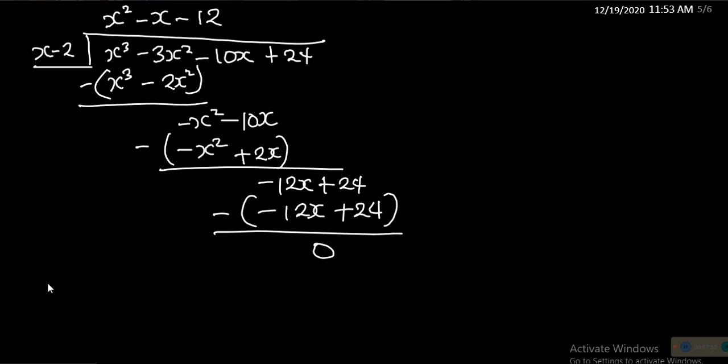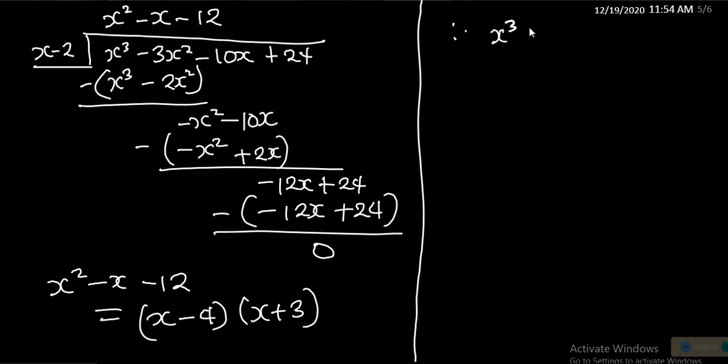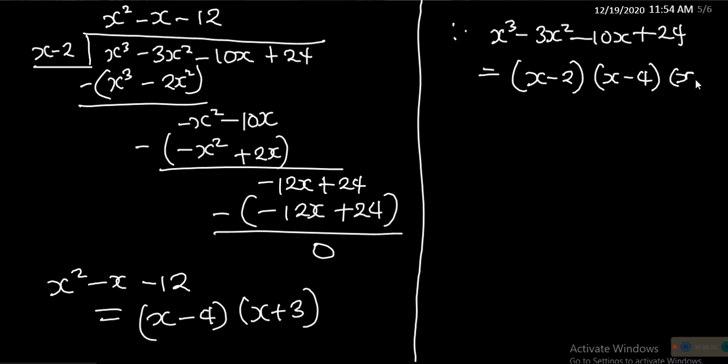Okay, so therefore x squared minus x minus 12 can be factorized to give x minus 4 into x plus 3, because minus 4 and 3 are factors of minus 12. So therefore we have x cubed minus 3x squared minus 10x plus 24 factorized into x minus 2 into x minus 4 into x plus 3.